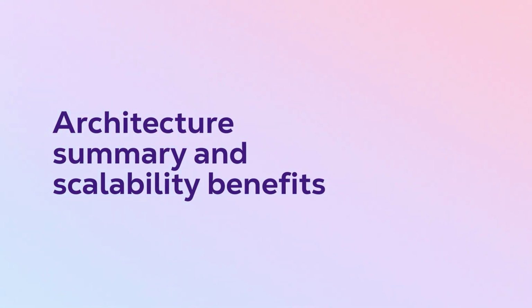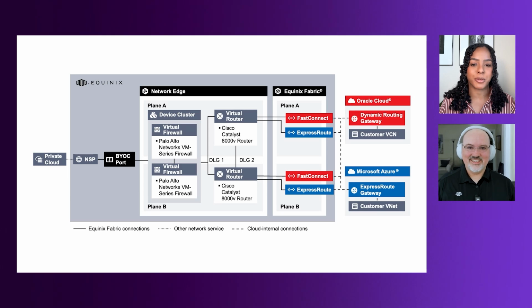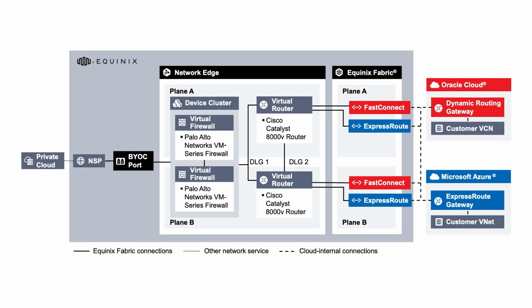So, to bring it all together, what this reference design really shows us is that hybrid multi cloud networking doesn't have to be complex. But when you combine virtual network functions or virtualized network functions with private connectivity and that multi layer redundancy, you get the kind of flexibility and control that used to take months of planning and deployment.